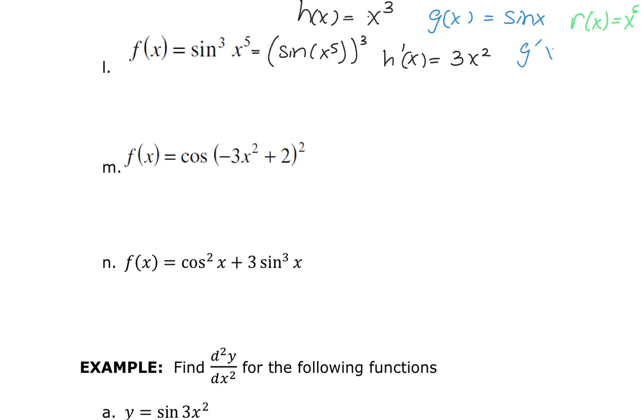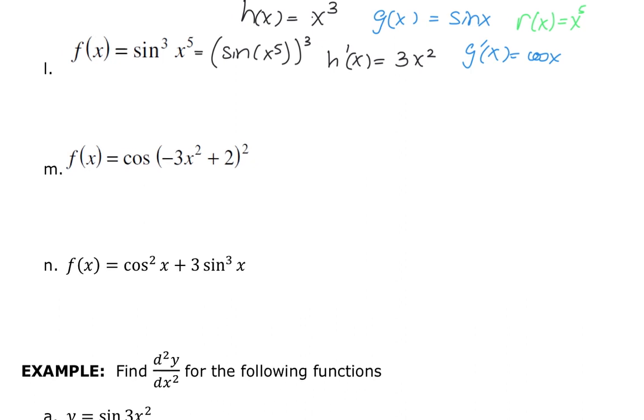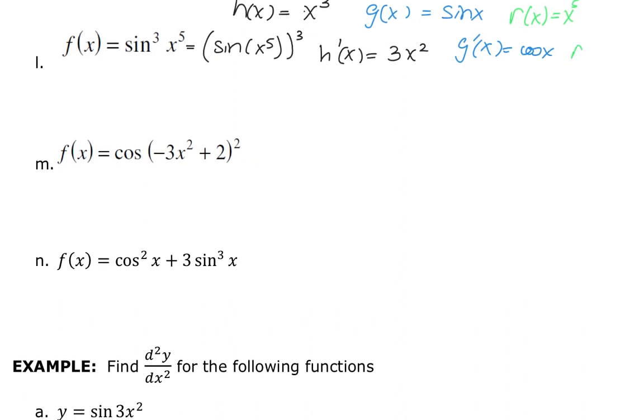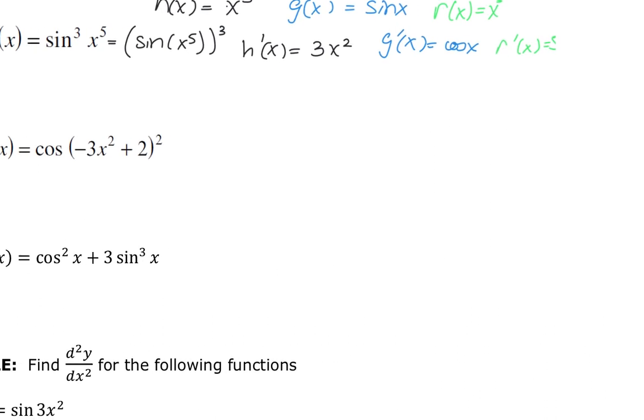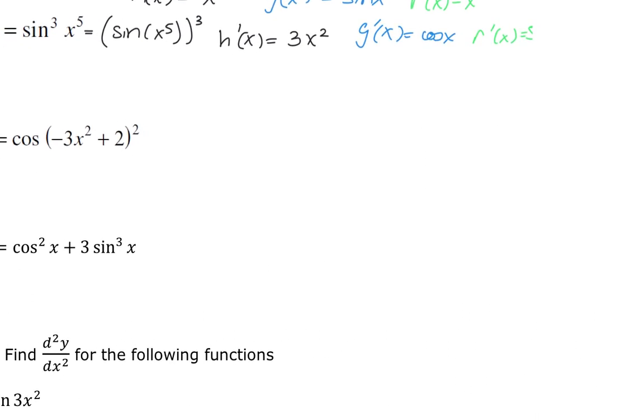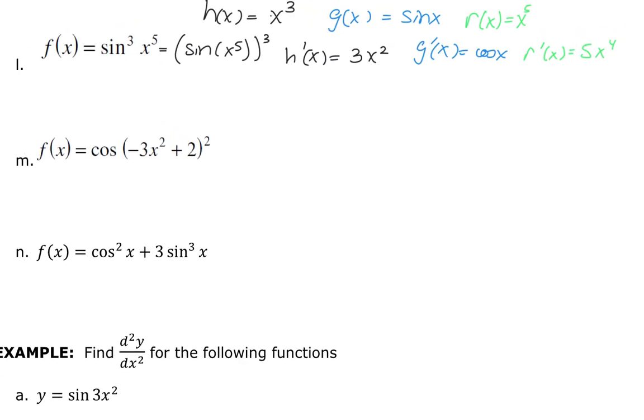My g prime of x is going to be the cosine of x. And then my r prime of x is going to be 5x to the fourth.